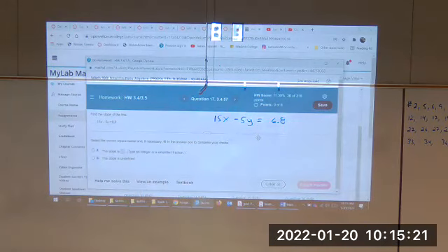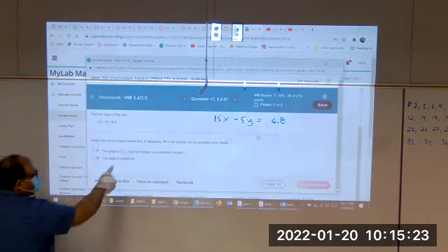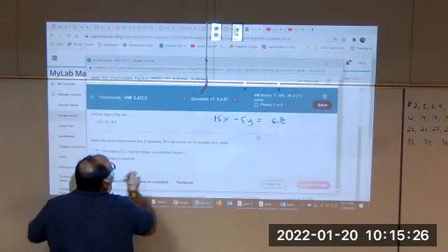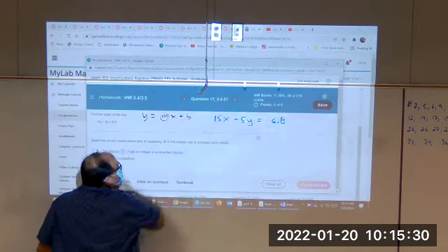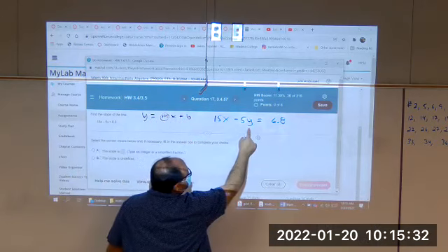Right? Since all we want is slope, all we want is a slope, let's get y by itself.